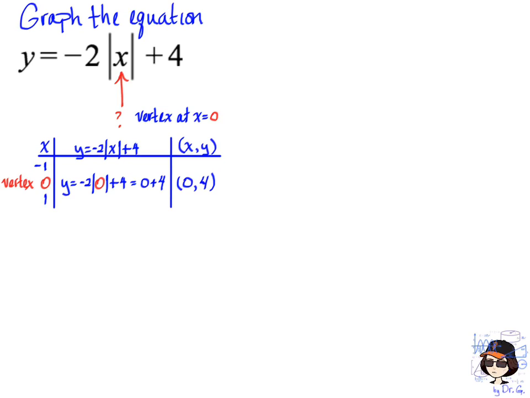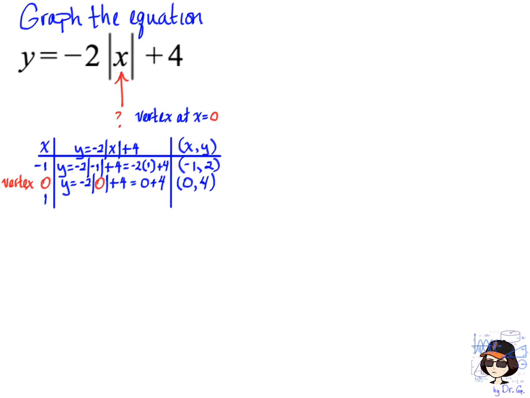So let's do the same thing for x equals -1. So we get y equals -2 times the absolute value of -1 plus 4. The absolute value of -1 is +1. So we get -2 times +1 plus 4. -2 times +1 is just -2. So -2 plus 4 is +2.